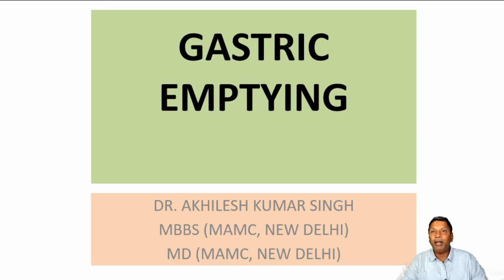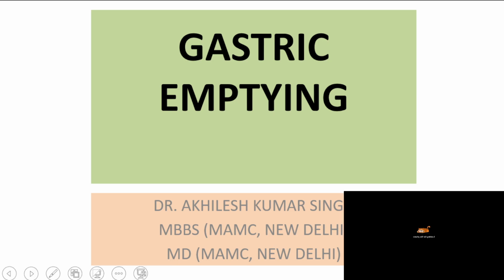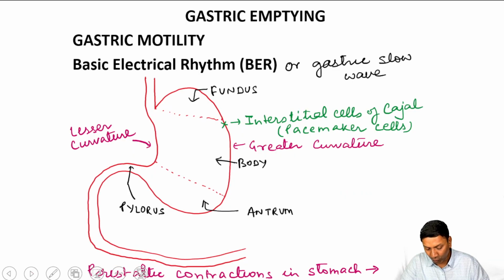So in the gastric emptying, what we have to know is what we mean by gastric emptying, what are the factors which affect it, and what will increase and what will decrease gastric emptying. To understand gastric emptying, you have to know one term called the basic electrical rhythm, in short the BER.